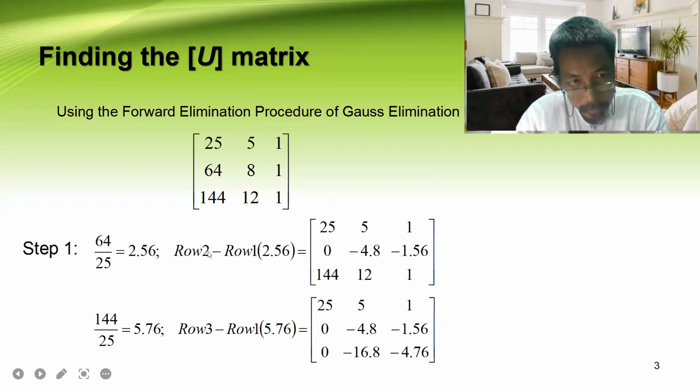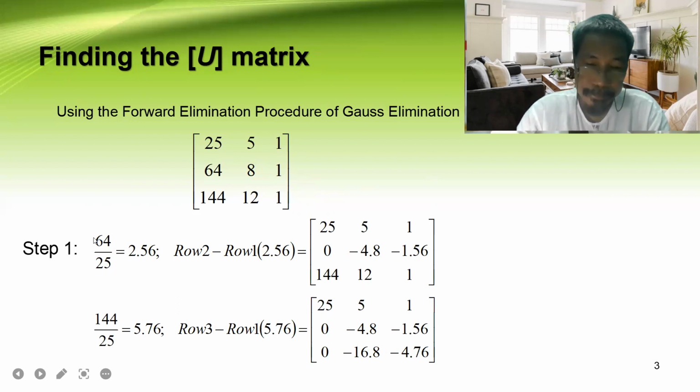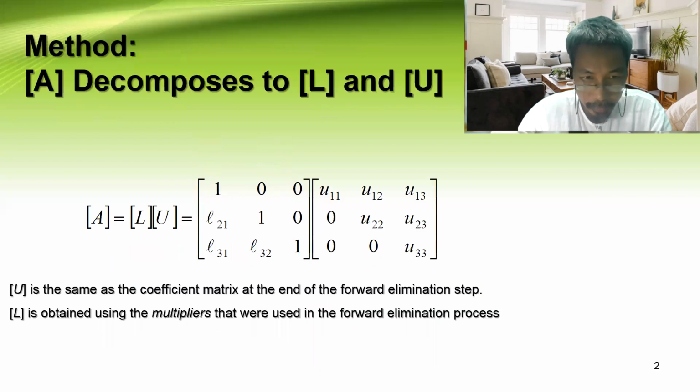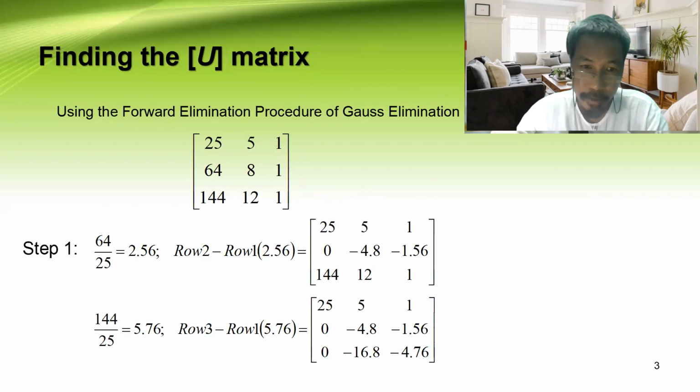So row number 2, meaning this row, minus row 1 multiplied by this one. This one is the multiplier that was used in forward elimination. The multiplier can be determined by multiplying this one and dividing by this one. If you are going to eliminate this one, multiply by this one and divide by this one. So that is this value. This value is the multiplier.